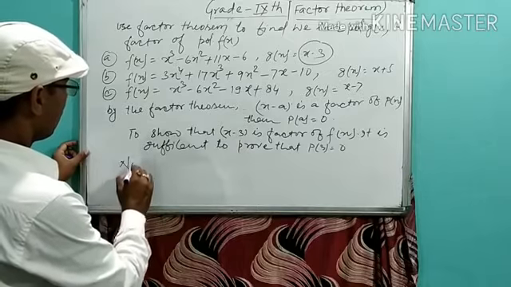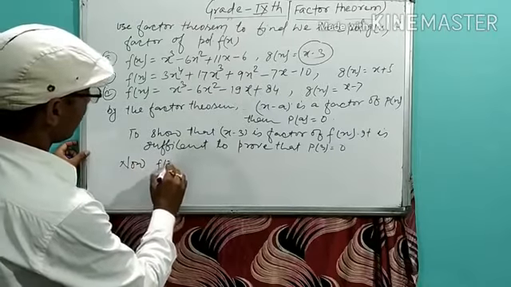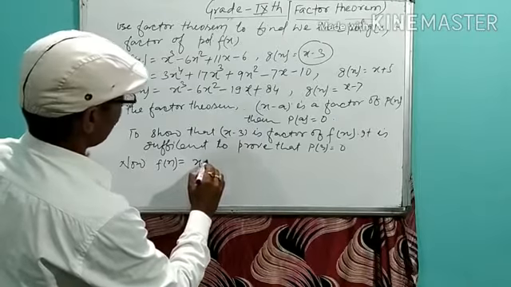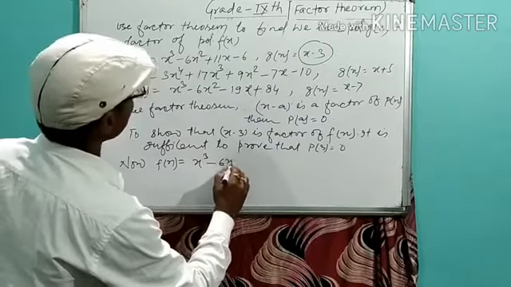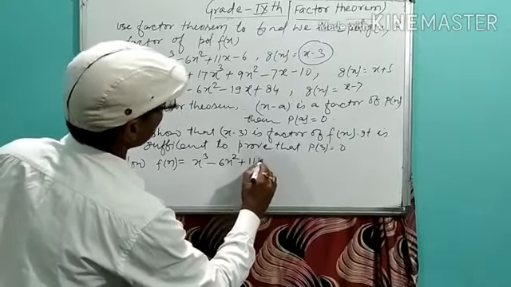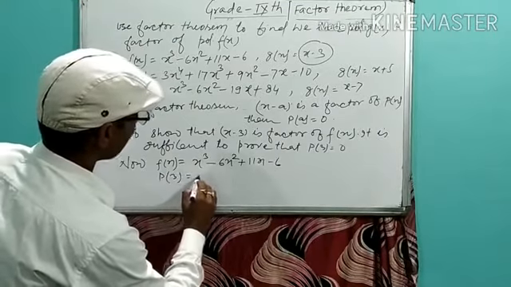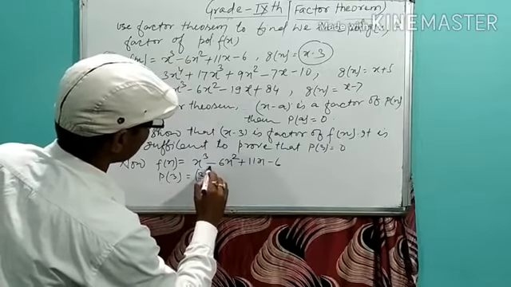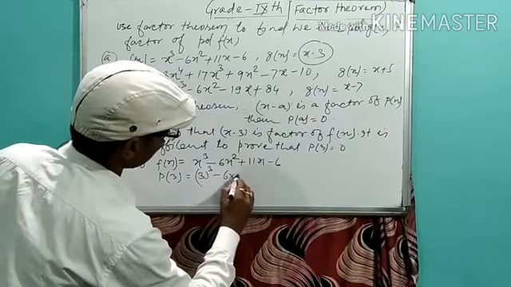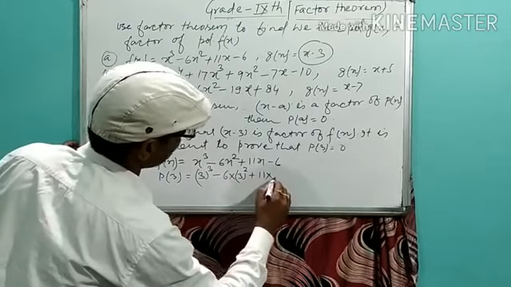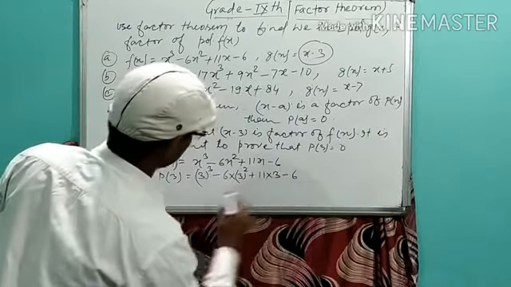Now, what is f(x)? f(x) is equal to x cube minus 6x square plus 11x minus 6. Take here 3: 3 to the power 3 minus 6 into 3 square plus 11 into 3 minus 6.